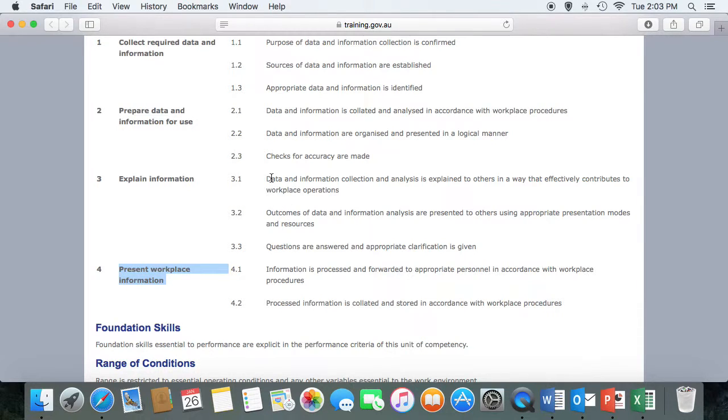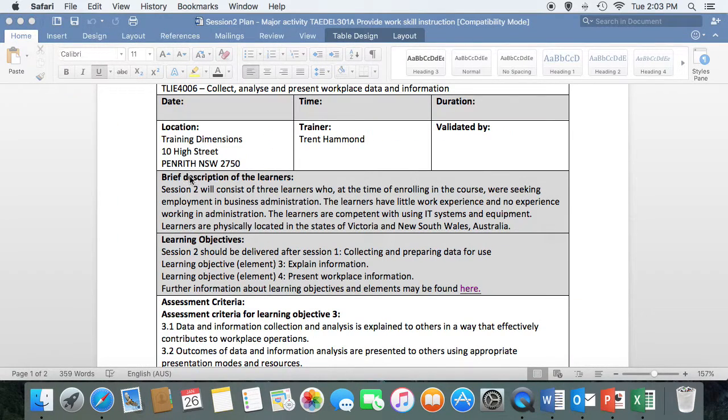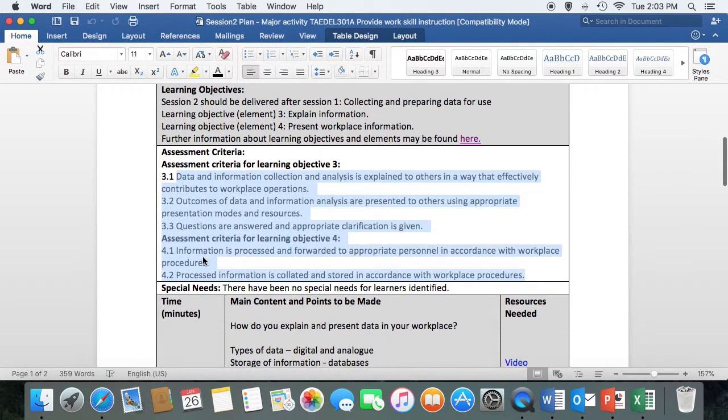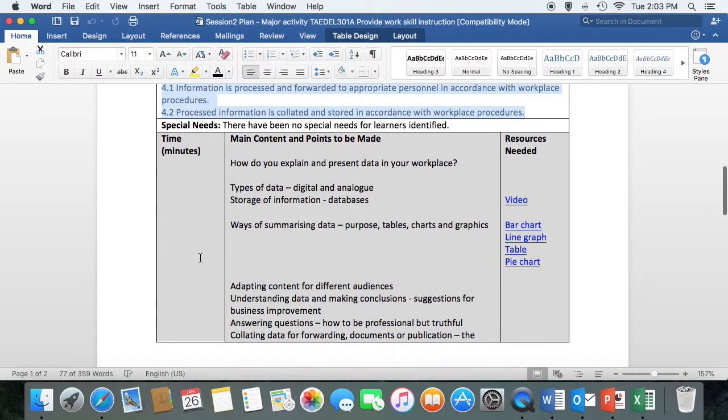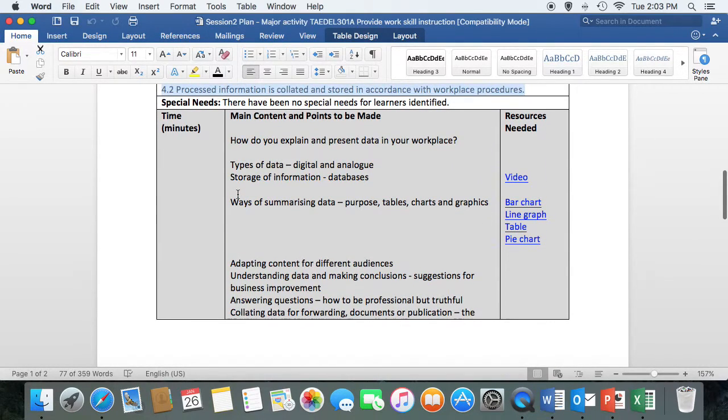See all of these objectives here, 3.1, 3.2, 3.3, 4.1, 4.5. That particular section, we'll be focusing on those today. And here they are for your record, those performance criteria. Okay, so today, this particular session, we'll be focusing on all of this stuff and these particular sections.